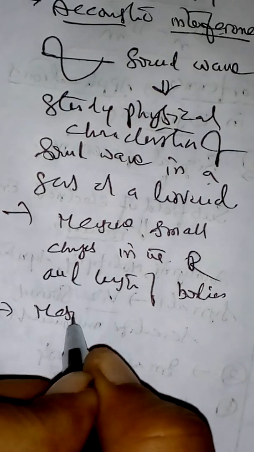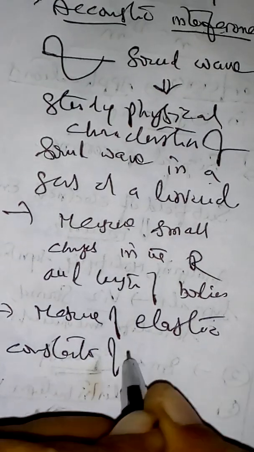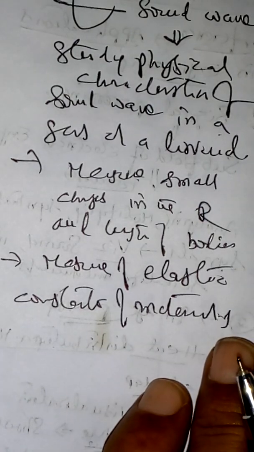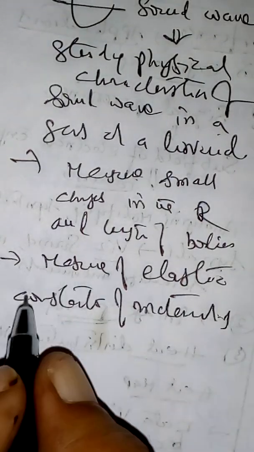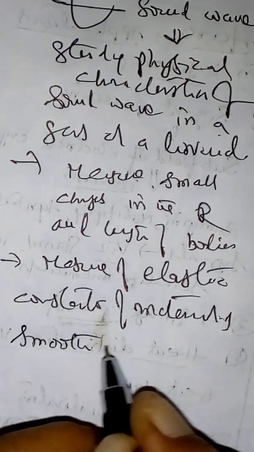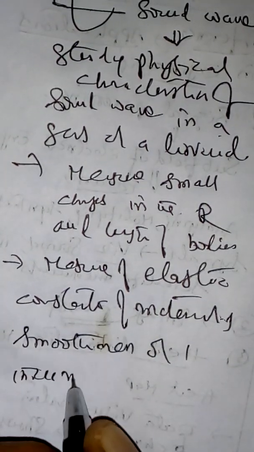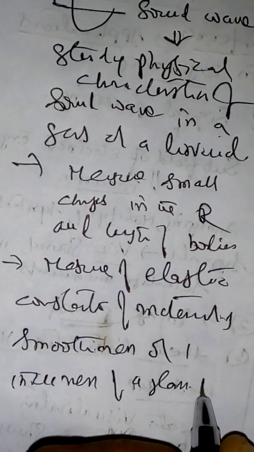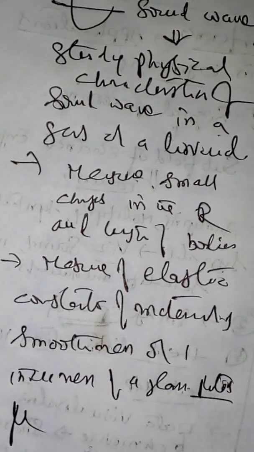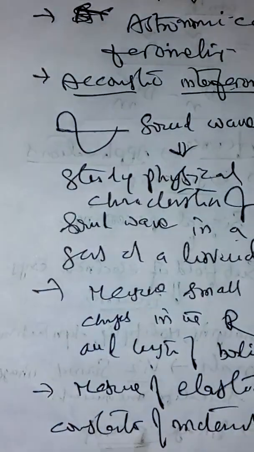Now you can measure elastic constants of materials with the help of interference, and you can also use interference to measure the smoothness or thickness of a glass plate, and you can measure the refractive index of a liquid. These are all different applications. So various applications are there as far as interference is concerned.